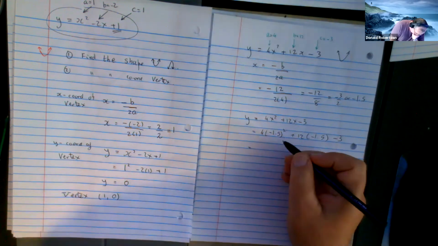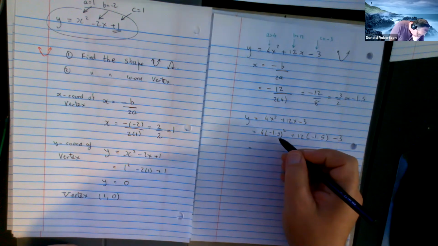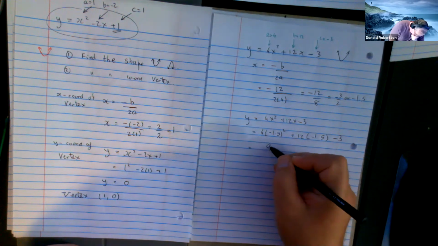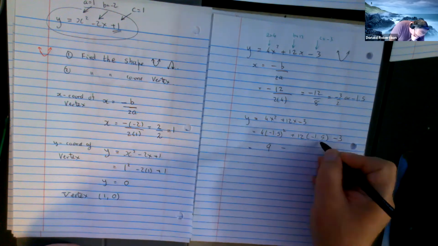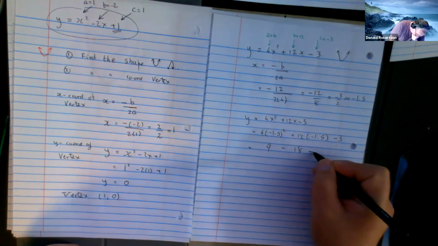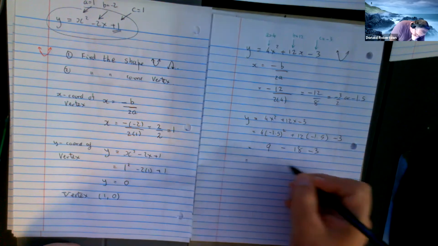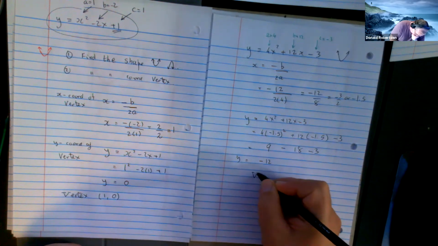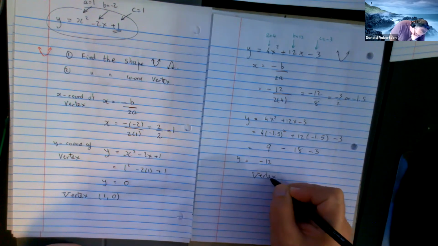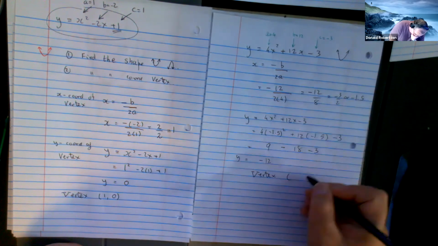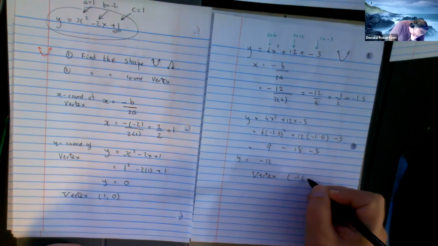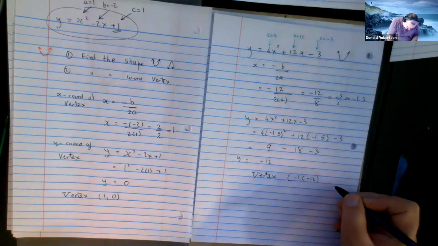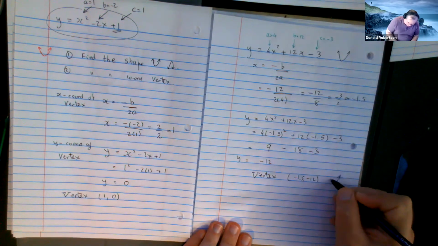So that's positive 2.25, and 4 times 2.25 gets you 9. Take away 18, take away 3. I believe the answer is negative 12. So the vertex would be negative 1.5, negative 12, and it would be a happy face.